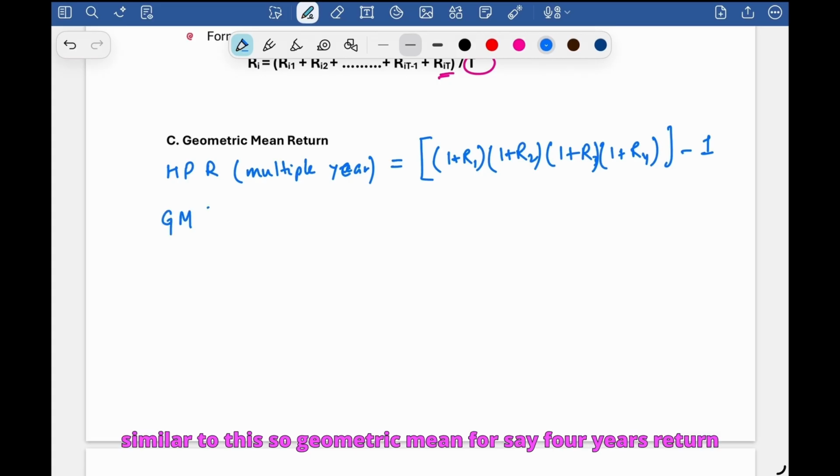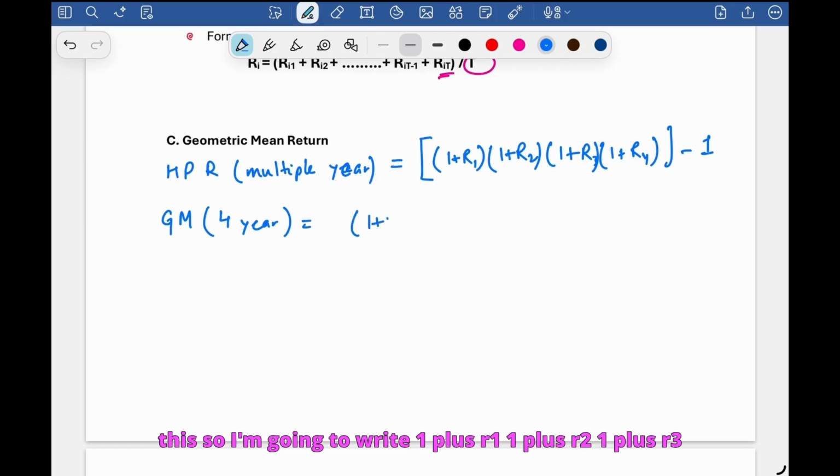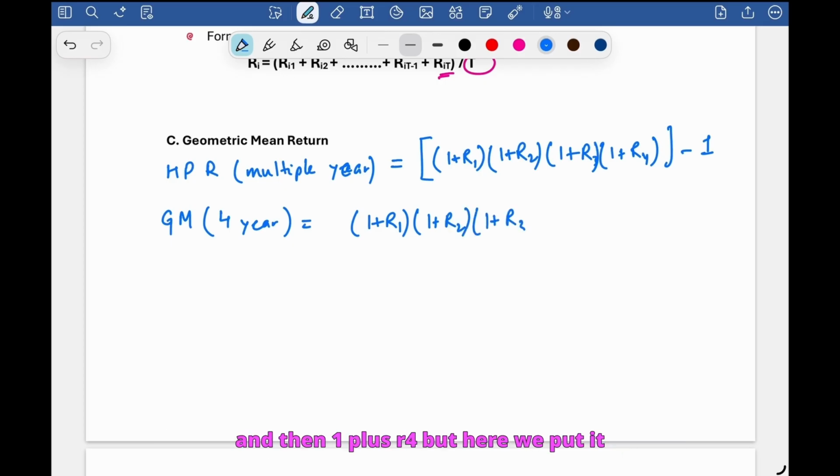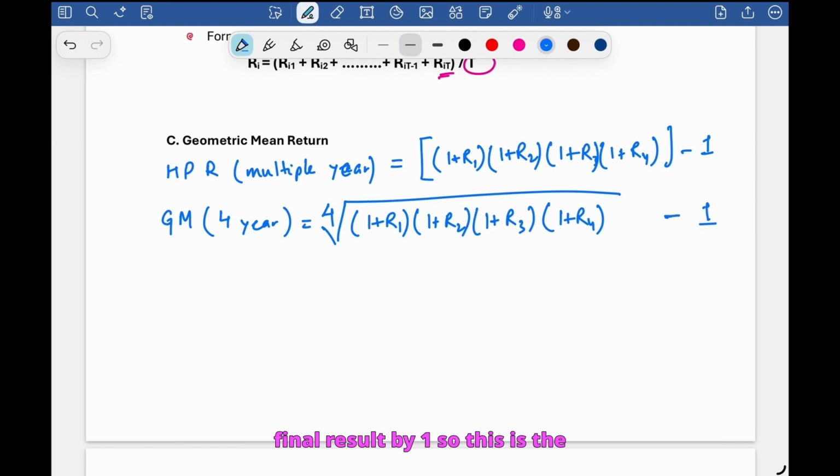So geometric mean for say 4 years return will be something like this. I'm going to write 1 plus R1, 1 plus R2, 1 plus R3, and then 1 plus R4. But here we put it under root by 4 because the year is 4. Then we subtract the final result by 1. So this is the formula.